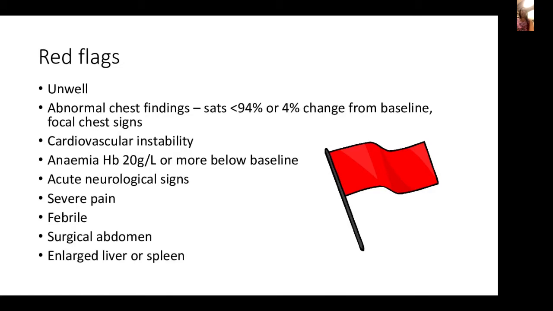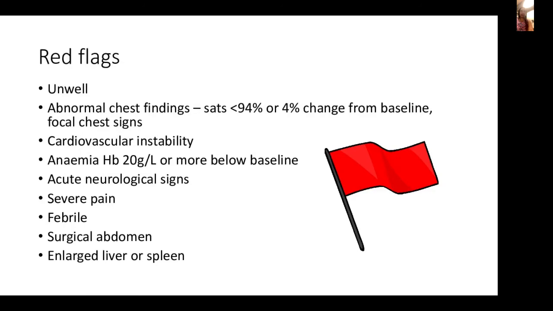So if the SATs are less than 94, or if there's a 4% change from baseline, as some of our patients may have chronic hypoxia, but it's really that change. Or any focal signs, crackles, signs of pleural effusion, for example. Any cardiovascular instability, and if they have an anemia that's 20 grams below their baseline.